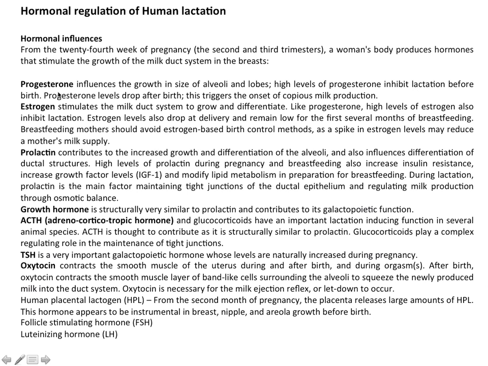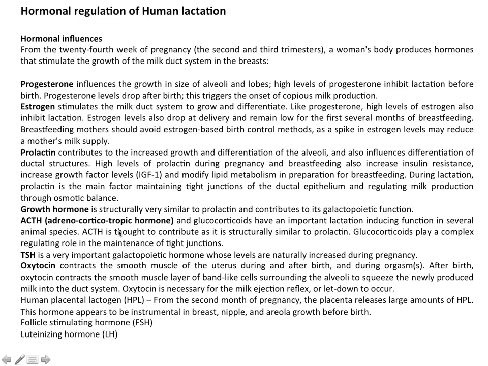That is progesterone. It influences the growth of alveoli and lobes of the mammary gland. Estrogen stimulates the milk duct system to grow and differentiate. And prolactin, I already discussed this. Prolactin is important for the production of milk. Growth hormone is also important for the milk production.